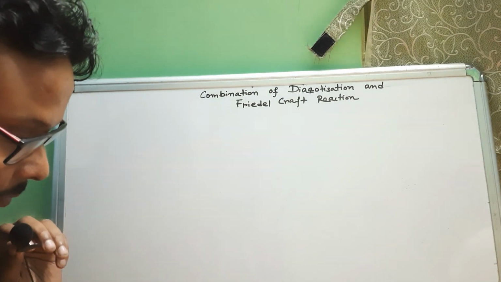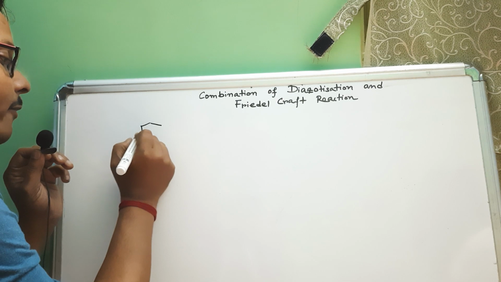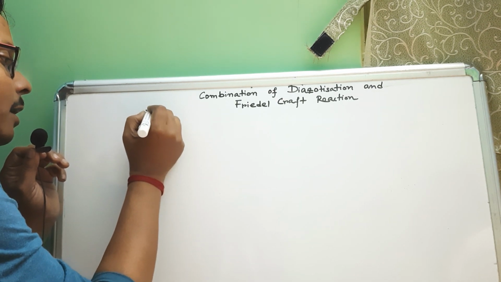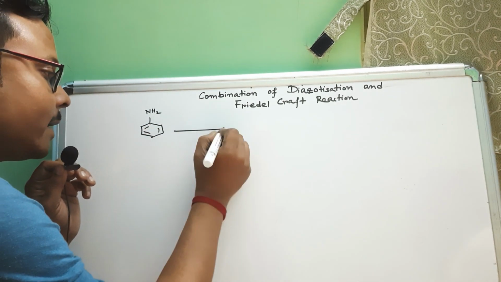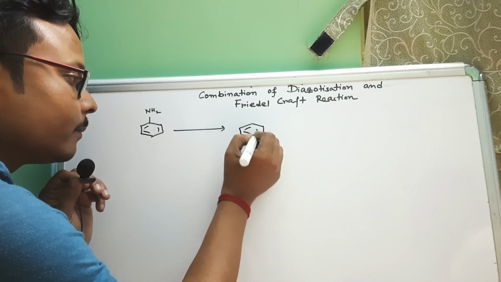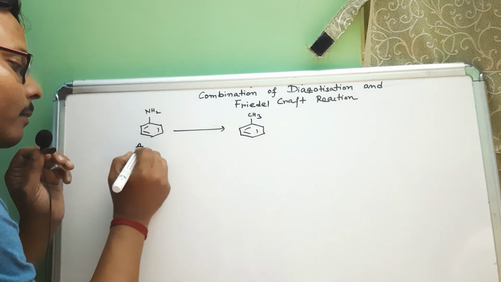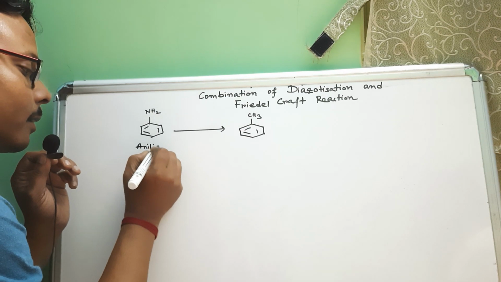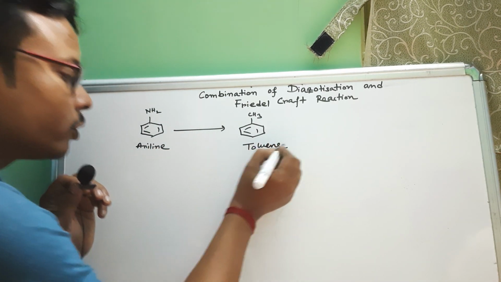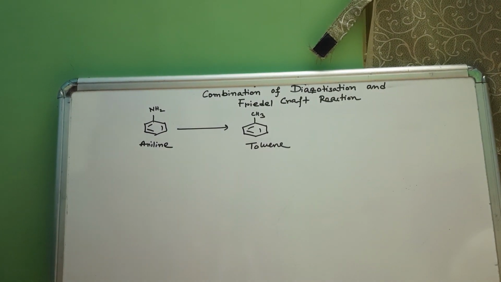Okay. Start from aniline. If the question is asked, how will you convert aniline to toluene? Aniline to toluene. How?